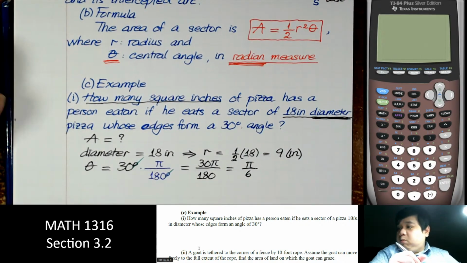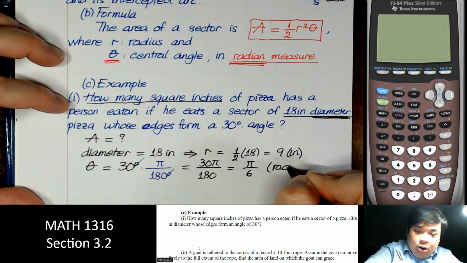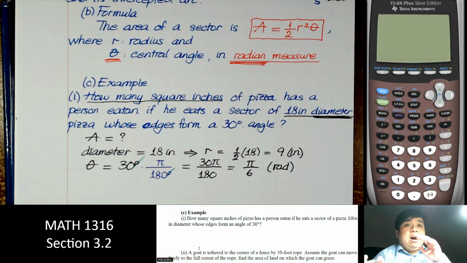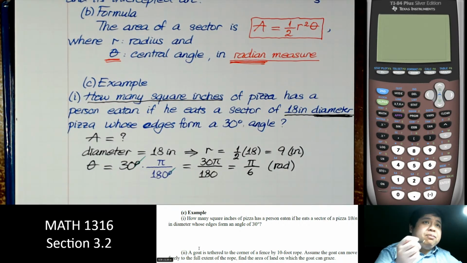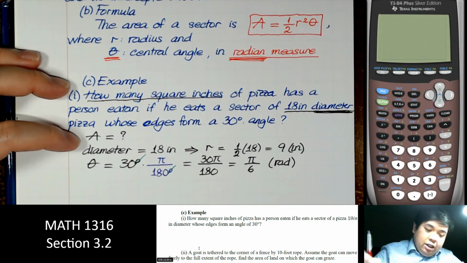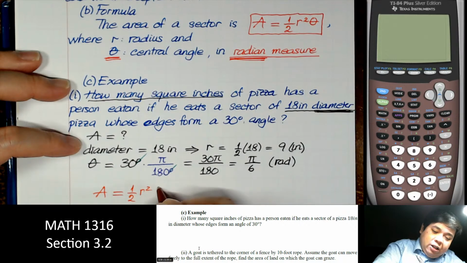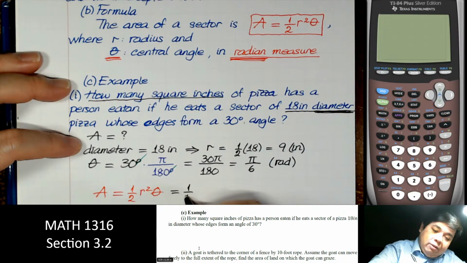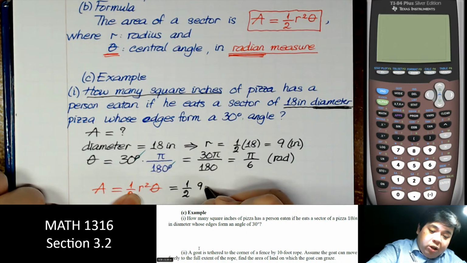The unit on the angle can be radians. We can write radians or not, it doesn't matter. Radian is a nice unit so that we can put it in or take it out. Finally, the area is equal to 1/2 radius squared times theta. Now, 1/2, the radius is 9 inches. We may or may not put the unit, it doesn't really matter, but let's put the unit in this time.